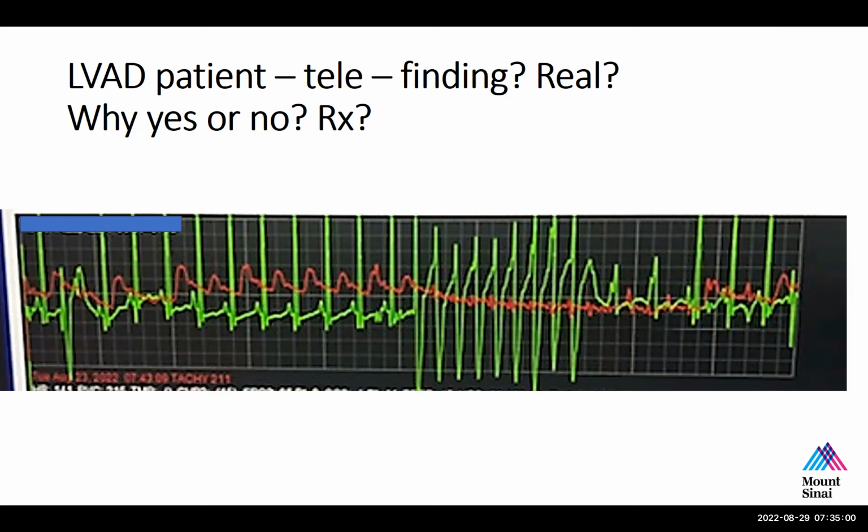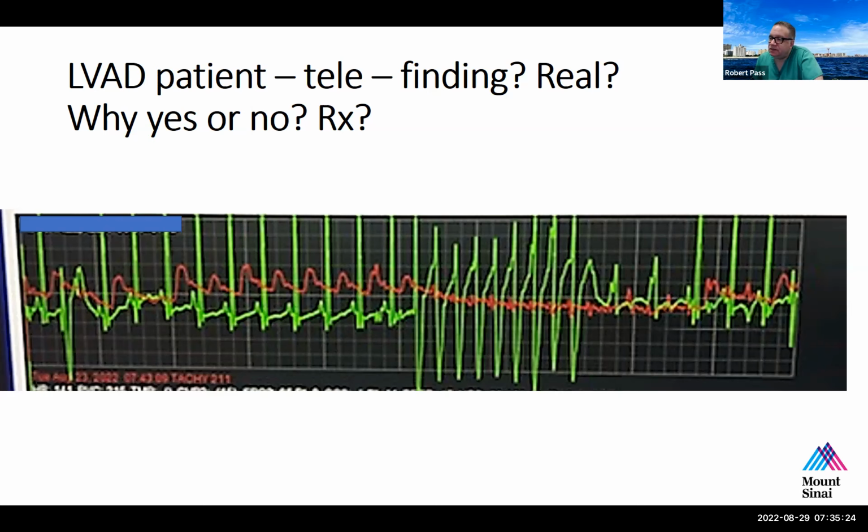Good. So this looks real. You can also see that there's a PVC in the beginning of the tracing that looks similar in morphology to the tachycardia. It looks like there's a ventricular focus that is the same. And you can also see in the arterial tracing that your blood pressure falls during the VT. Right.